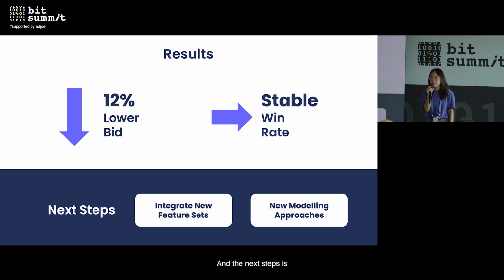And the next step is trying to constantly improve our model. How do we do that? We could integrate new features into our models and make them more accurate. Or at the same time, we could try other modeling approaches that are being used in the industry to update it and be more competitive in general.